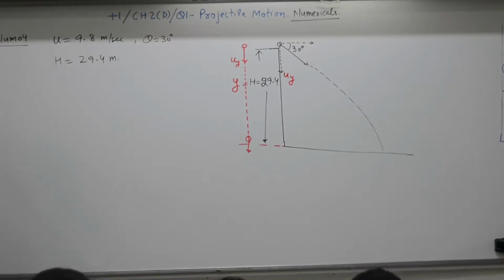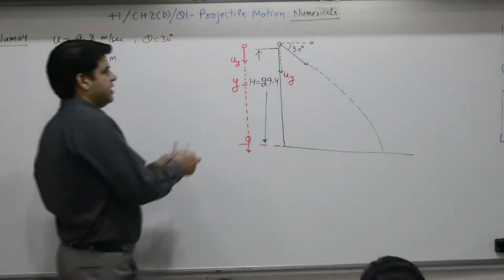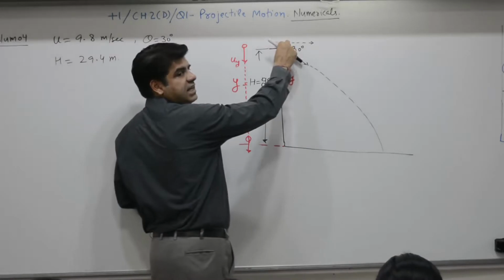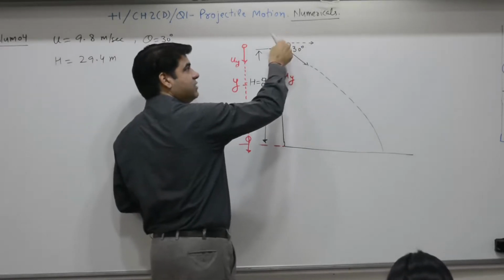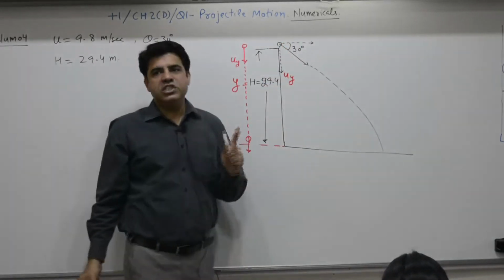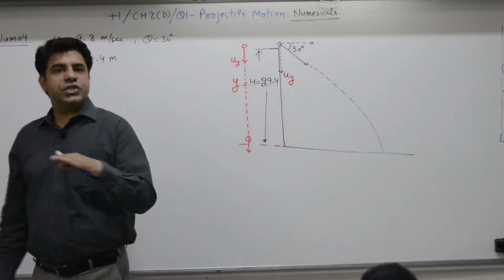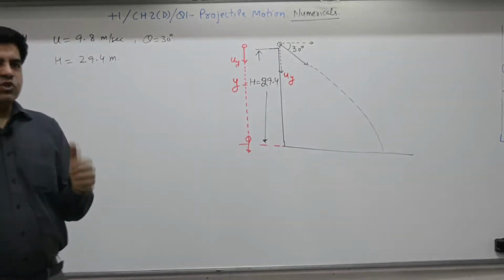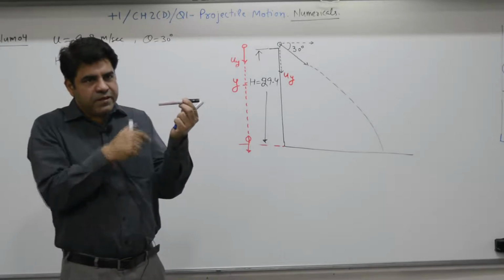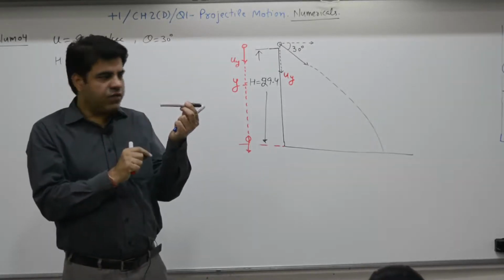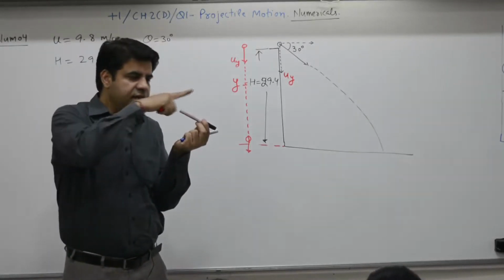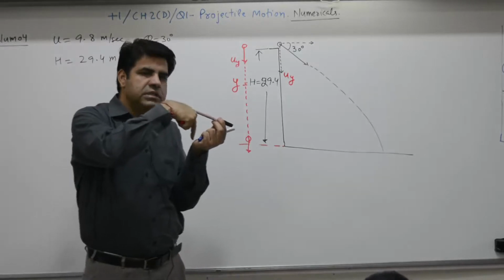Uy in this case is not 0. Why? It is at a certain angle. It has horizontal component as well as vertical component. Initial vertical velocity is not 0. In the previous question, when you fire it horizontally, then uy was 0, ux was not 0. If you fire it at an angle, it has a ux component as well as uy component.